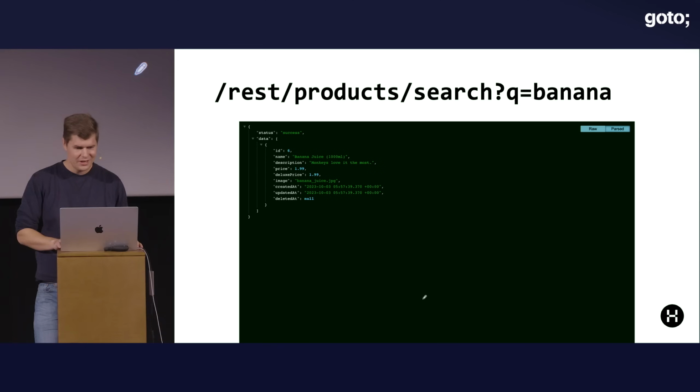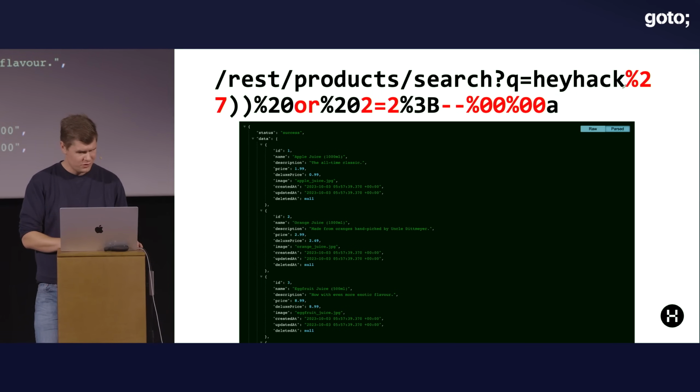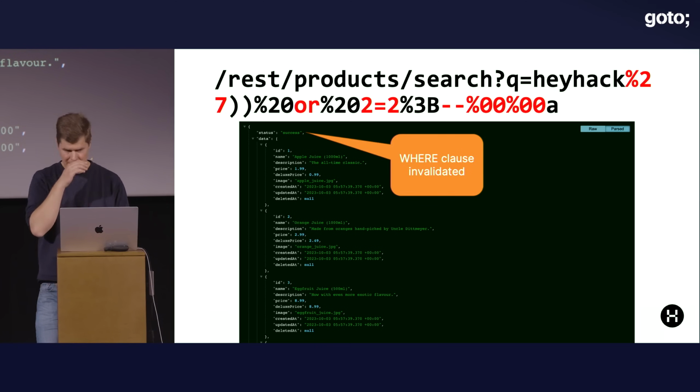And so in this case here, you can see that if you just use the endpoint and you search for a banana, the Juice Shop does have a banana juice, so it's going to come back here. But if you type in this constructed query where you have these 2 null bytes here, you'll basically get out all of the products, the where clause is basically invalidated, and that lets you get full access to the database, really.